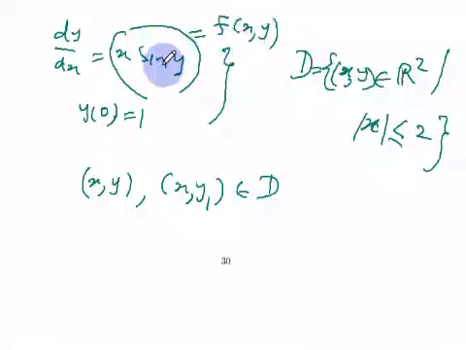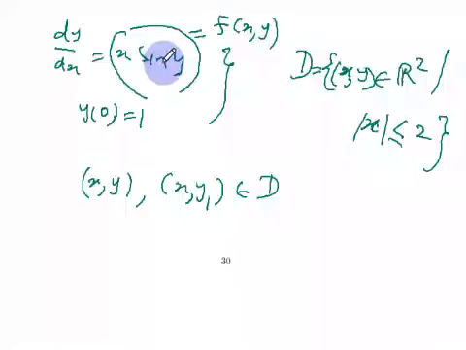You can see that this function is continuous on this domain. So that means this system has solutions. If this function is Lipschitz continuous on this domain, we can say there exists a unique solution.